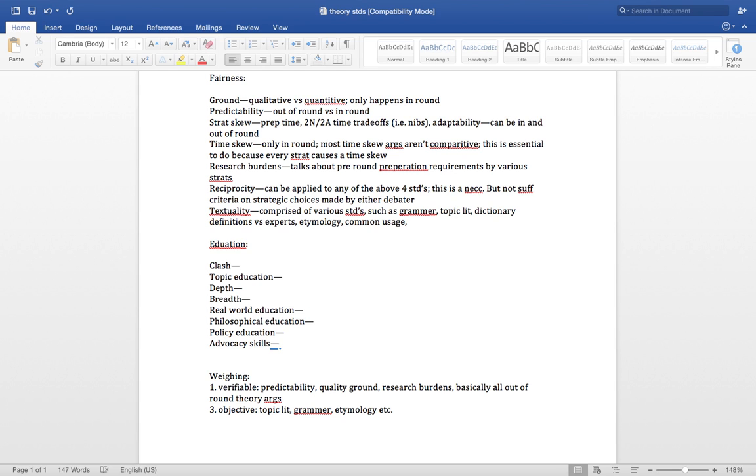The other thing I think you can do is, even if your denial of the link is just, oh, there's still some topic ed, I think you can phrase that very powerfully, right? Because it seems like the link differential between how much of a link you have into topic ed and how much of a link your opponent has into topic ed is really not that huge anymore.